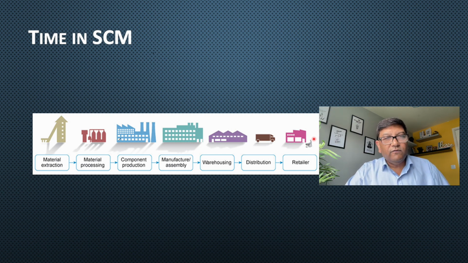So one way is to keep inventory at each stage in the supply chain. Component production keeps raw material so they can manufacture as quickly as possible. The manufacturer keeps components so they can assemble the product as early as possible.